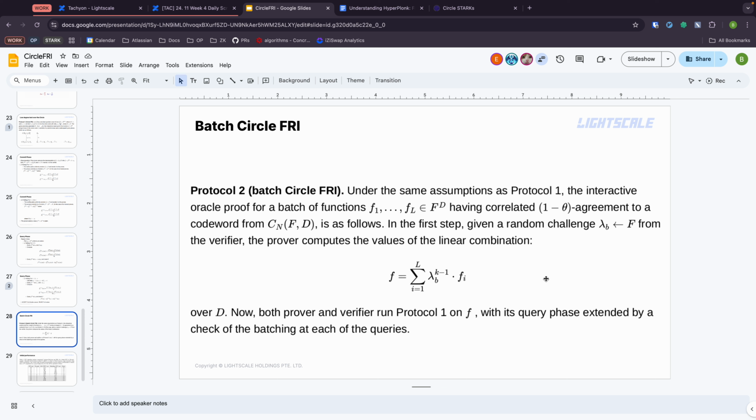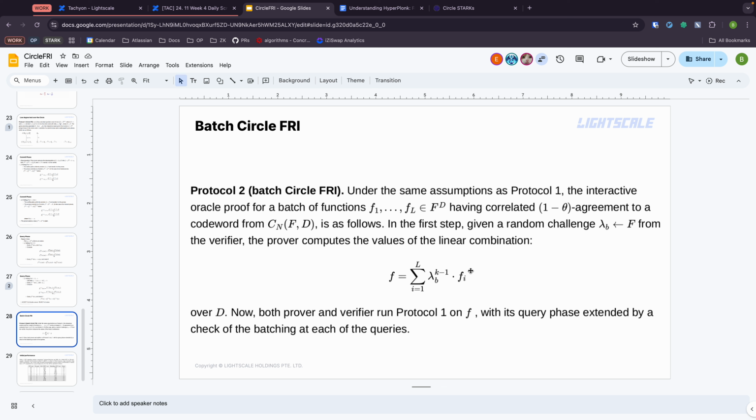Yes, actually the first batch FRI was, I think, mentioned in the proximity gaps paper, where they go over correlated agreement. What the basic theorem states is, if this is a codeword, then are all of these codewords? That is their main question.